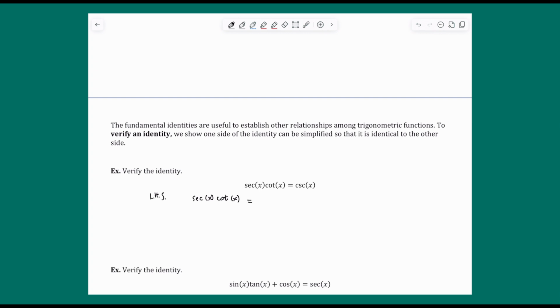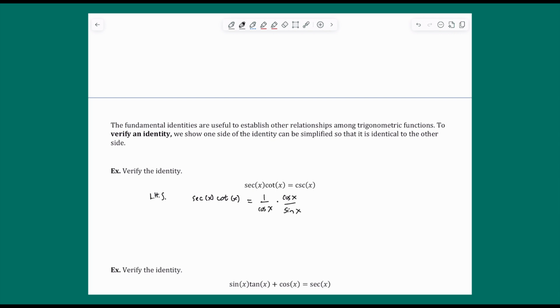So secant is 1 over cosine of x, and cotangent is cosine of x over sine of x.